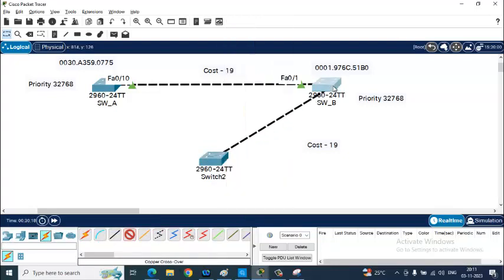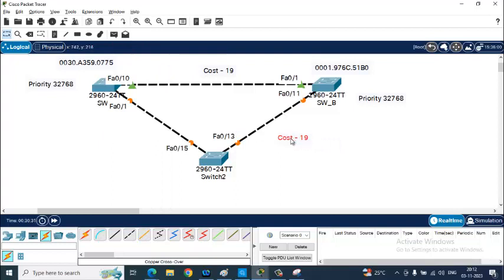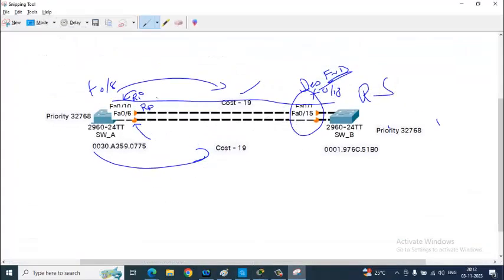I'll call this switch with the host name switch C, and I would like to copy the MAC address. Now the loop is there.